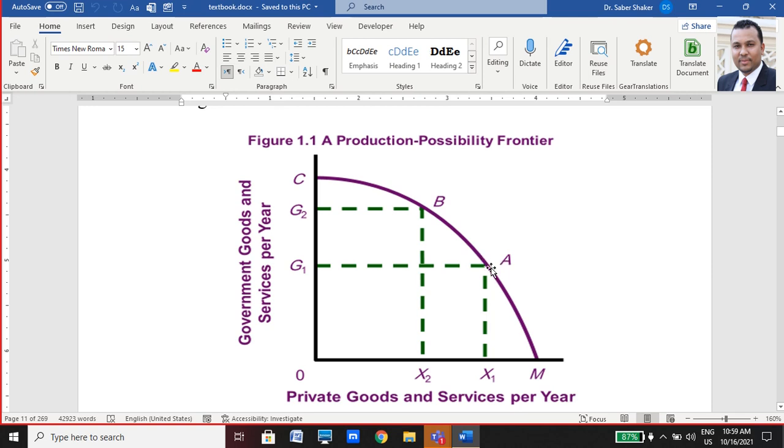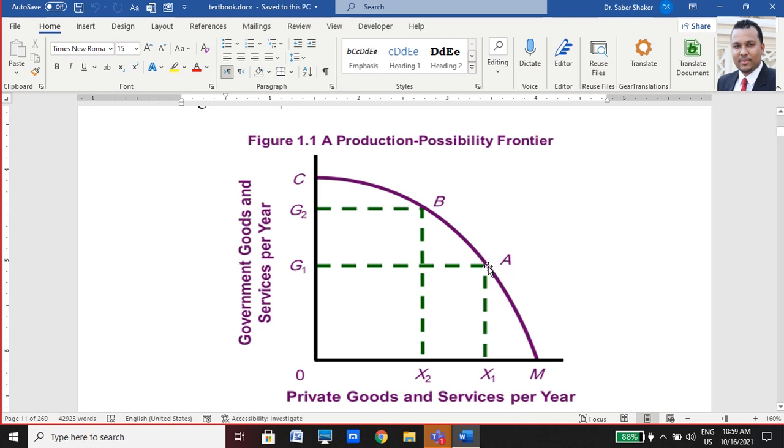At point A, this nation produces X1 of private goods and services against G1 of government goods and services. Suppose this country tries to increase the government goods and services per year, like public hospitals, public schools, and so on.